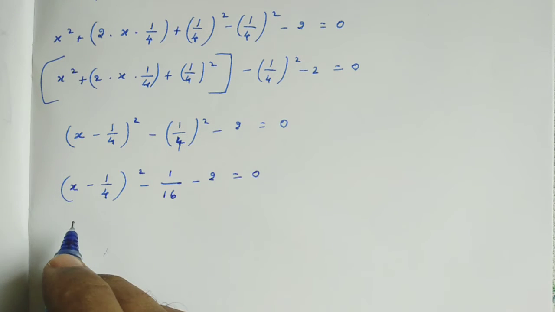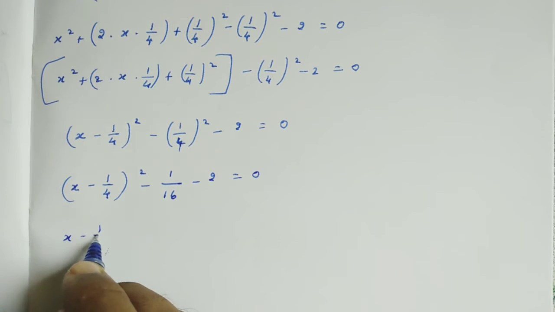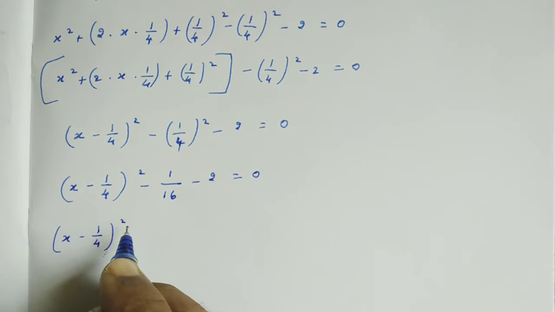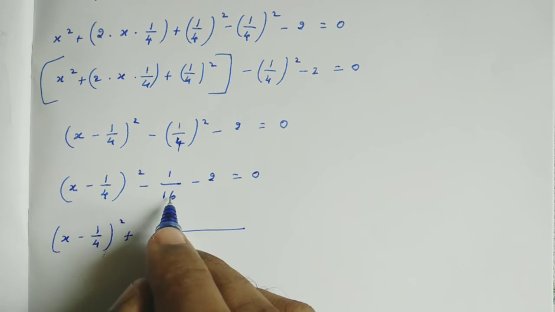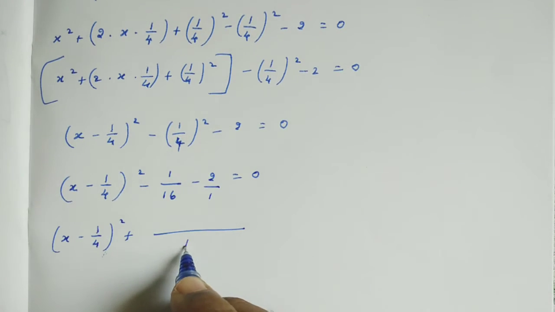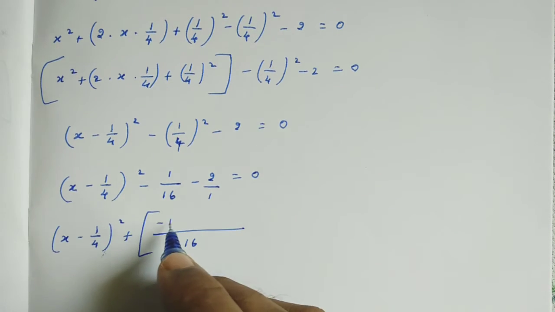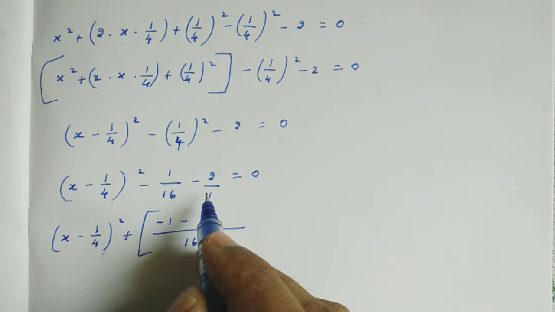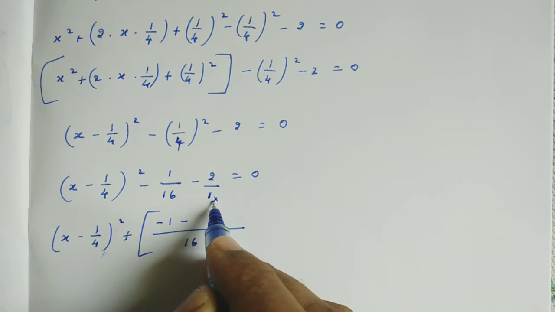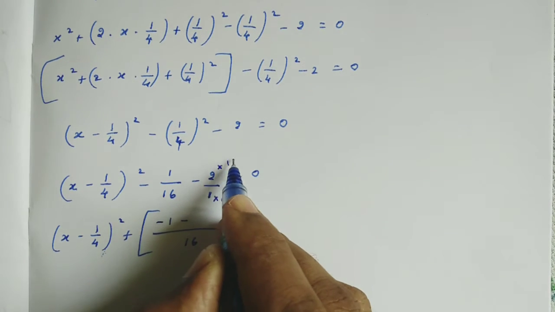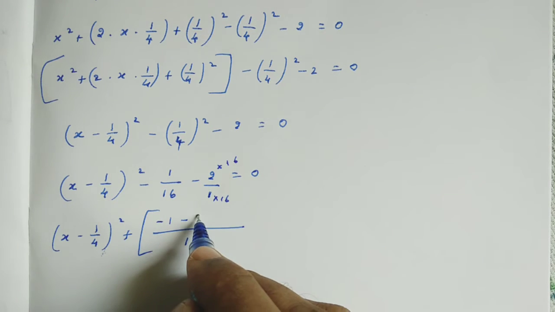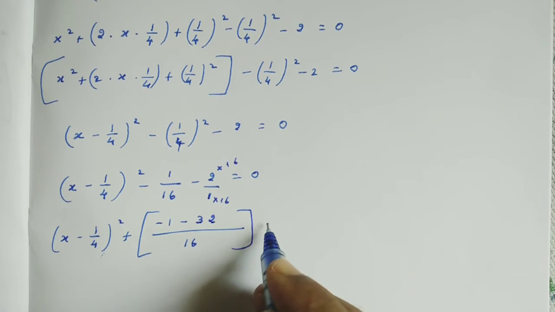Next, x plus 1 by 4 the whole square minus 1 by 16 minus 2 equal to 0. Now the denominators are different, so you can take the LCM, 16. So 2 into 16 is 32, equal to 0.